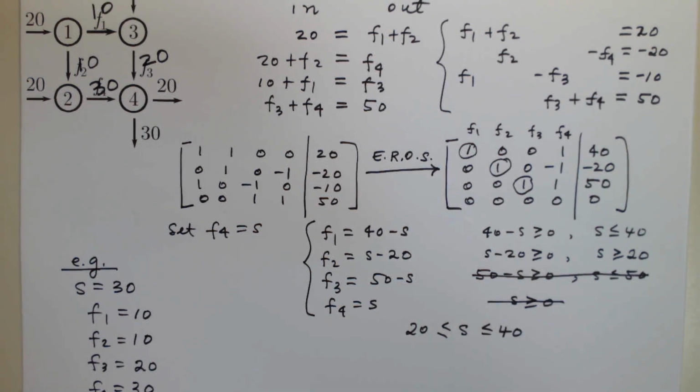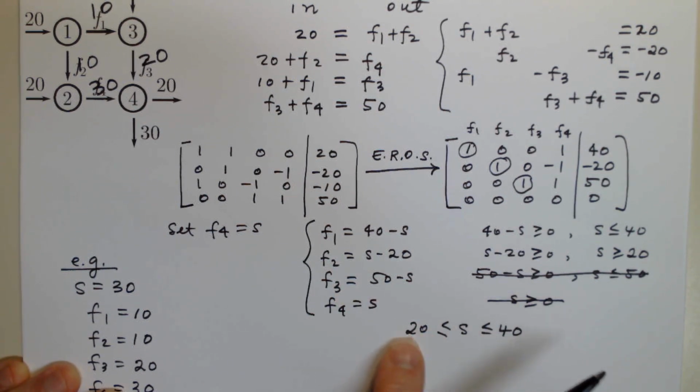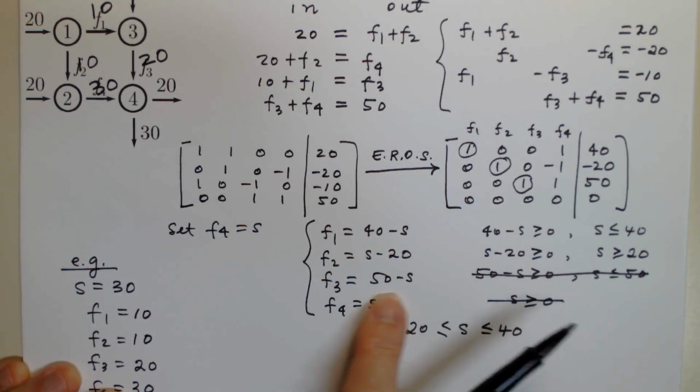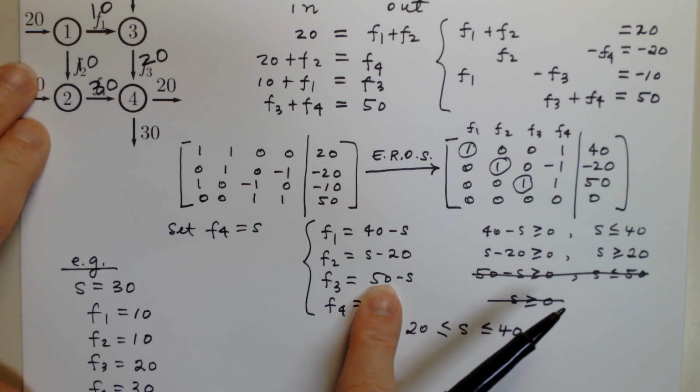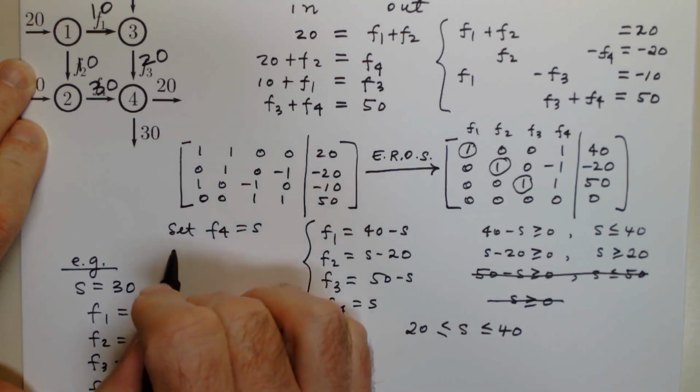Right now, we're seeing it as 50 minus S, but we know that S can range between 20 and 30. So our largest possible value for F3 is going to occur when S is at its lowest possible value. I mean, we're subtracting as little as possible. So the largest value for F3 is going to be 50 minus 20, or 30. And that's going to occur when S is equal to 20.